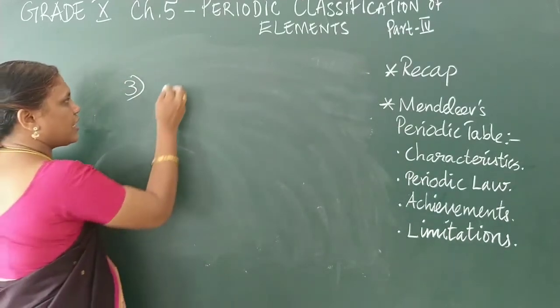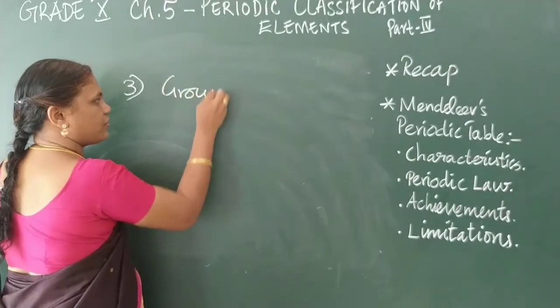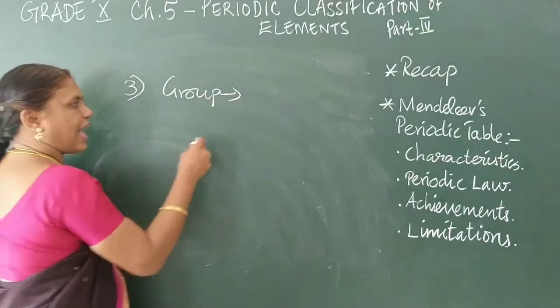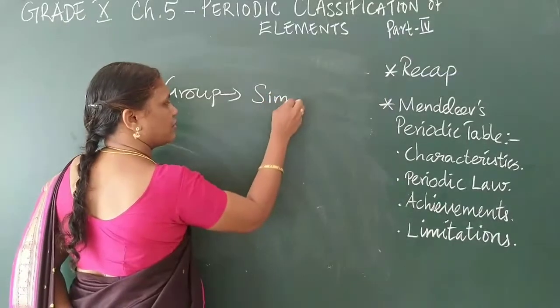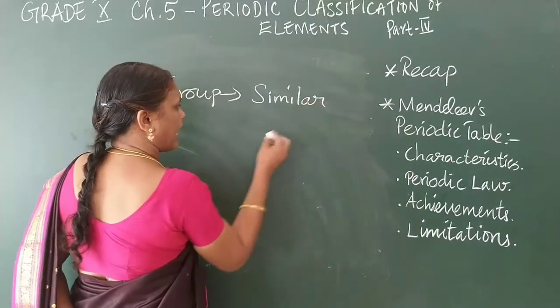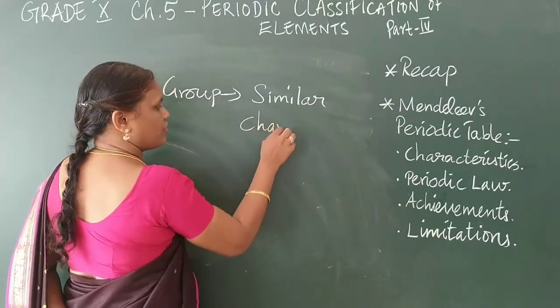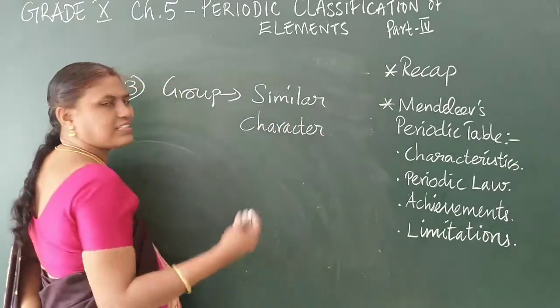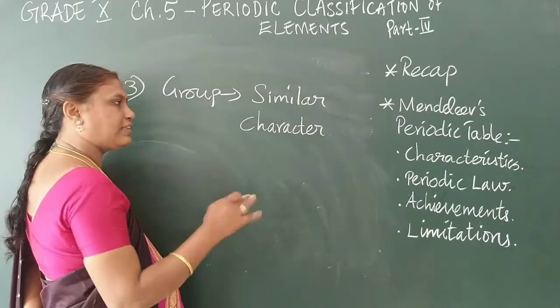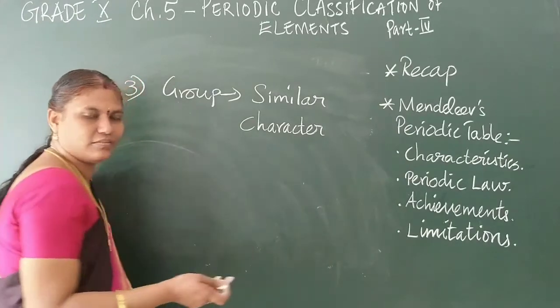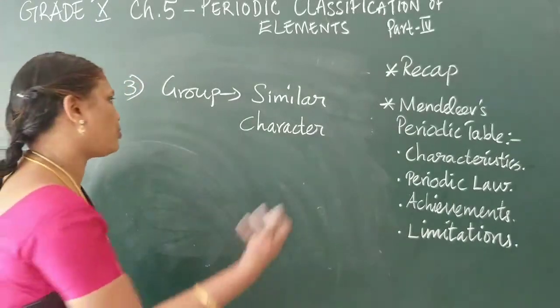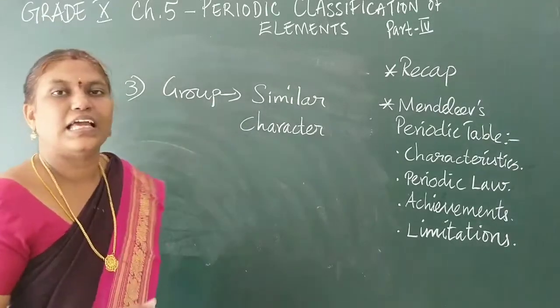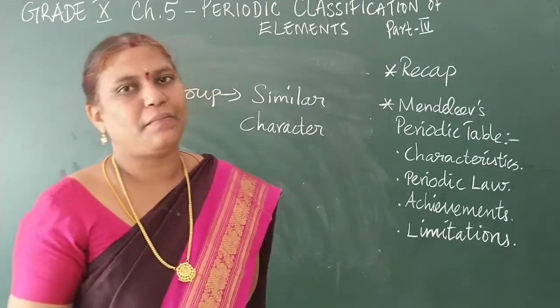He has grouped the elements, and the group has a similar character. The elements present in a group have similar character, and some are placed in a group even though they do not have the same character, no problem. So he has grouped the elements with similar properties.